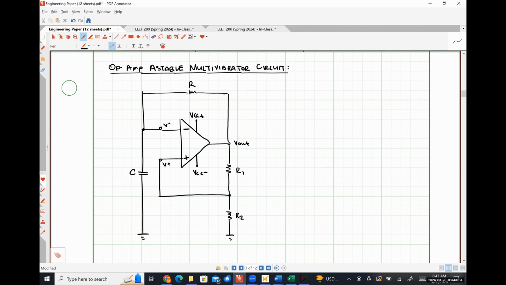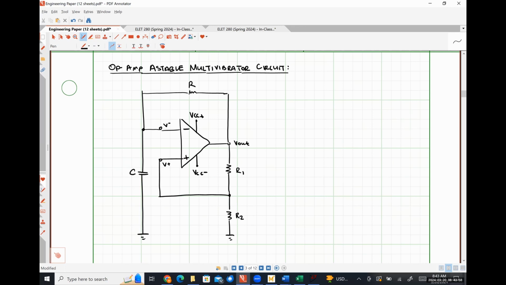So what's the most glaringly obvious thing about this circuit? Well, okay, so there's a capacitor. That's definitely one thing. Where's the input voltage? There isn't one. There literally is not an input voltage to this circuit.